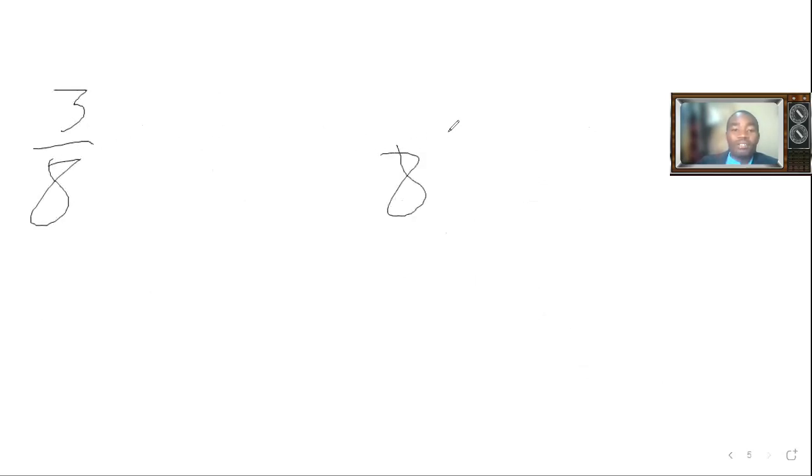Then using long division, you will divide 3 over 8. So 8 goes into 3 how many times? 0 times. It doesn't go into 3. So you put a 0. Anytime you put a 0 up here, make sure you put a 0 down there.